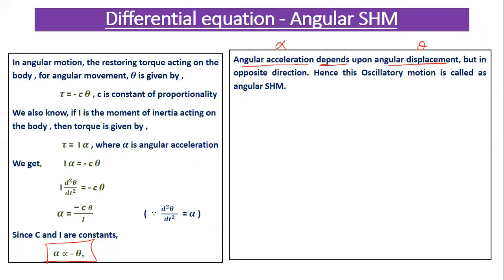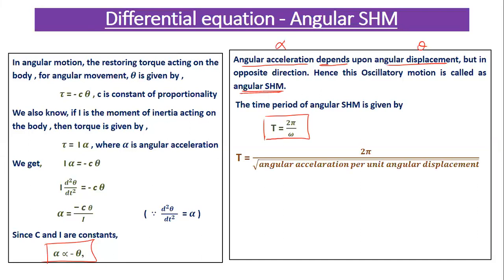Hence, this is oscillatory motion, and this motion is called angular SHM. The time period of angular SHM is given by T is equal to 2 pi by omega, which is similar to linear SHM.